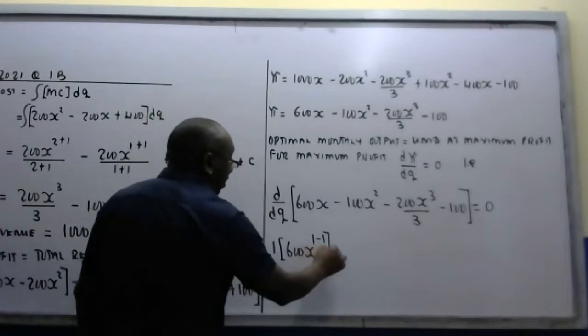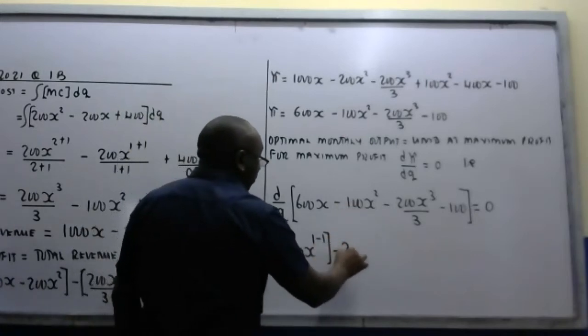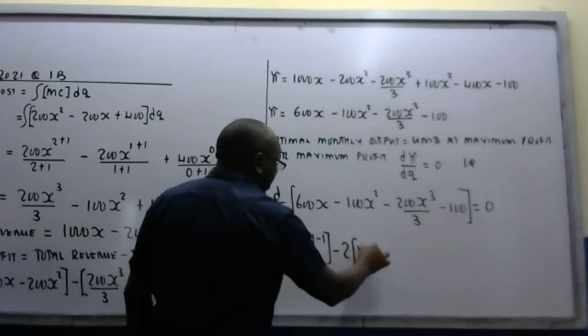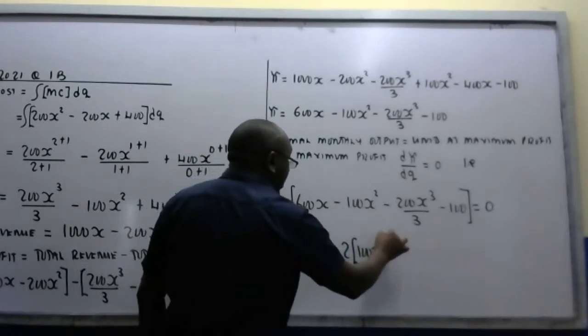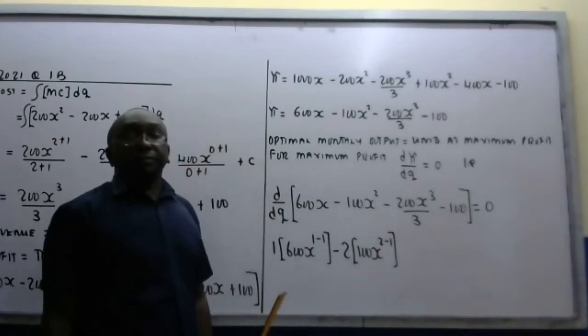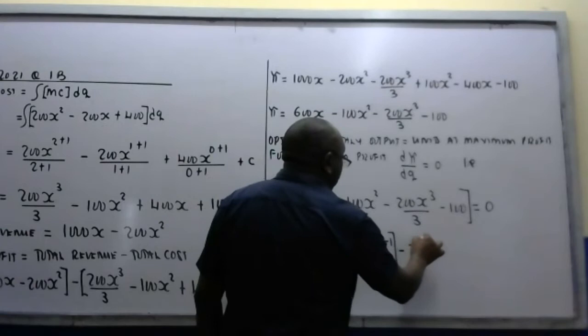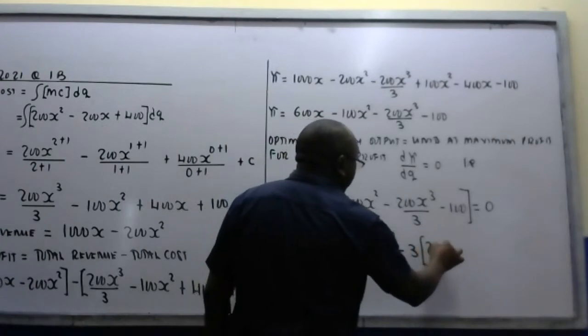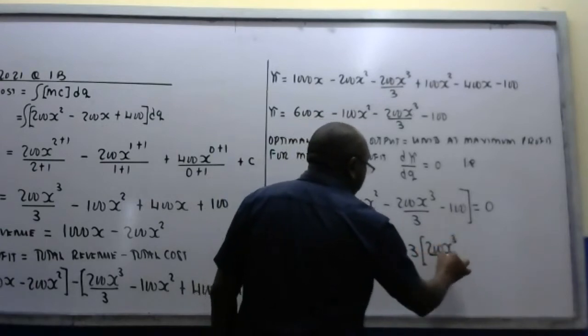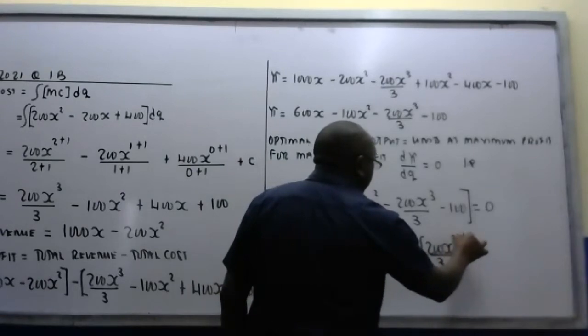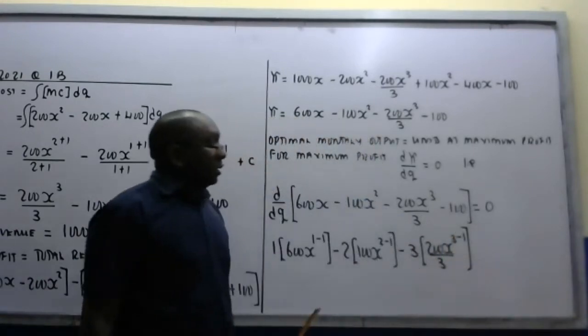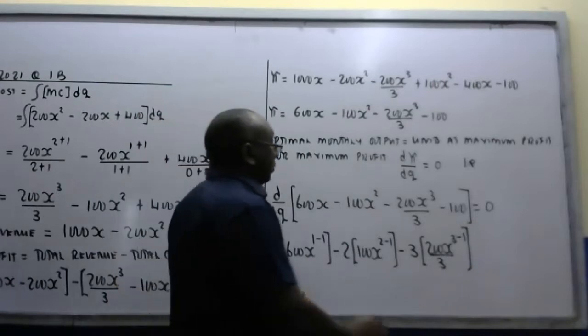Then I come to this other one, minus 100x squared, multiply by 2 and subtract 1. Then this one, 3 into 200x cubed out of 3, minus 1.